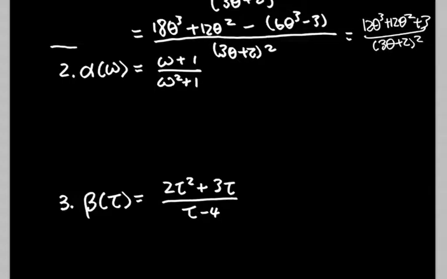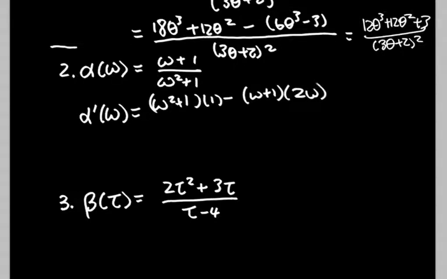Alright, now I'll assume you paused it. Alright, alpha of omega, or you can say W if you want, they look the same, equals bottom times the derivative of the top minus top times the derivative of the bottom, all divided by the bottom squared.